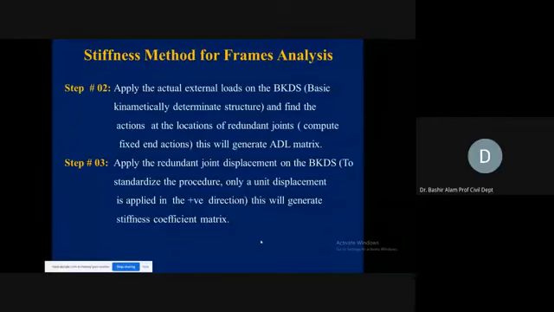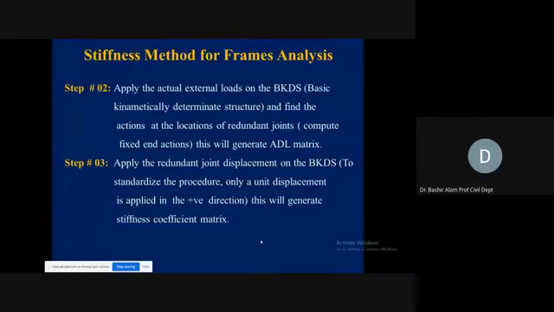Step number 3, we apply the redundant joint displacements on the basic kinematically determinate structure. As a matter of standardized procedure, we apply unit displacement turn by turn. When we apply it corresponding to D1, that will generate the first column of the stiffness matrix.